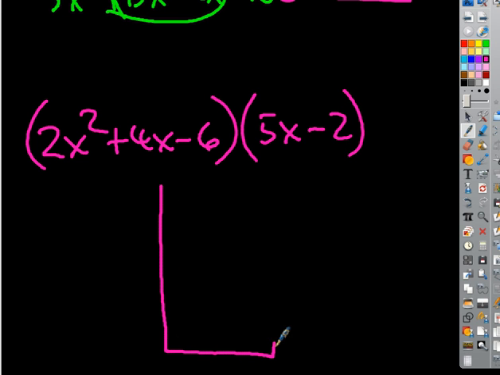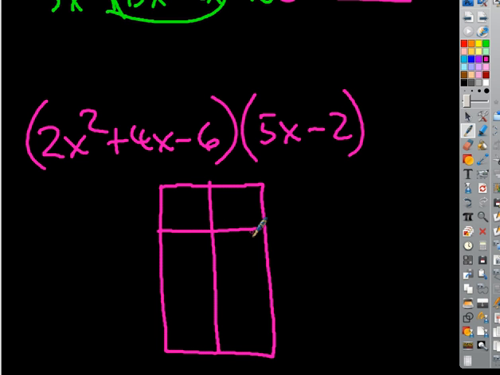I could do FOIL-ish, but it's not FOIL because there's more than two terms in the two polynomials that are being multiplied. So now I have to write the trinomial going down. I'm just going to write 2x squared, 4x, minus 6. And across, I'm going to go 5x and minus 2.